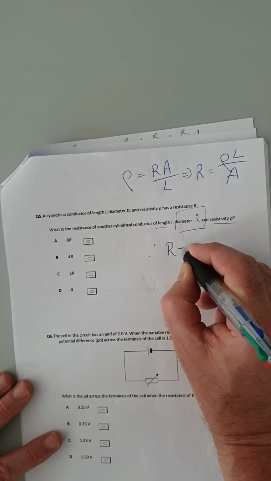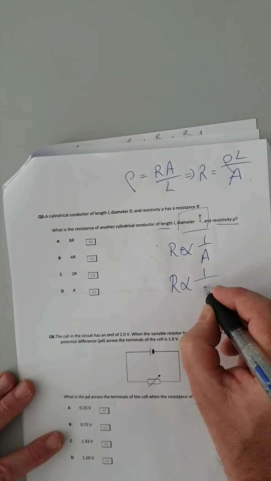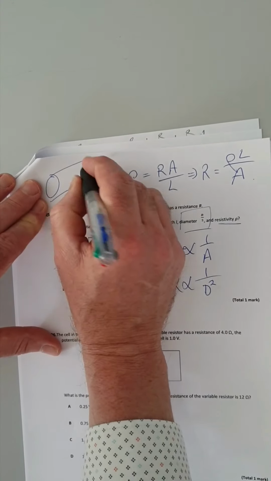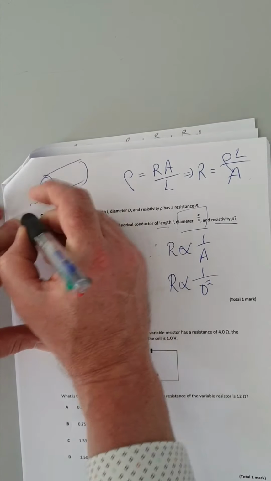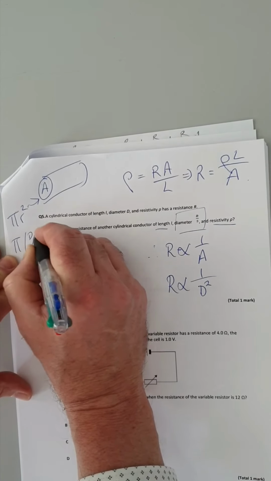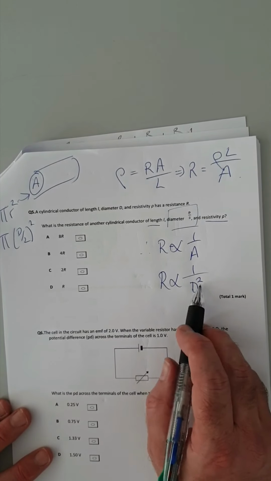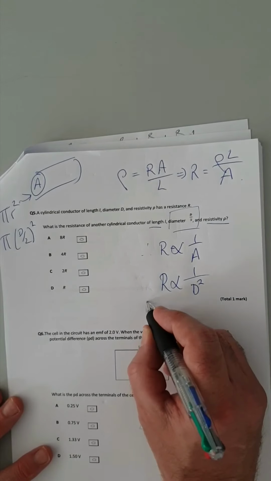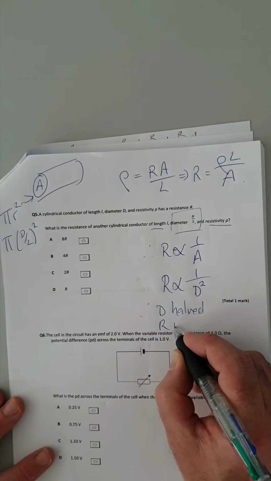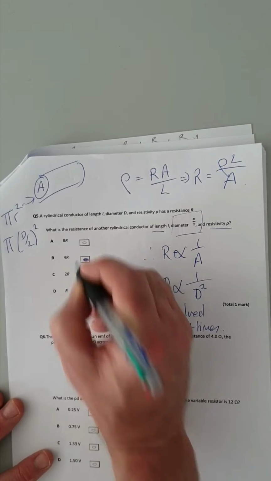Therefore R depends on 1 over area, which means R depends on 1 over the diameter squared, because it's a cylindrical conductor and the cross-section area is pi r squared, or pi times diameter over 2 squared. So the resistance depends on 1 over the diameter squared. Therefore, if the diameter is halved, the resistance is 4 times. Answer B.